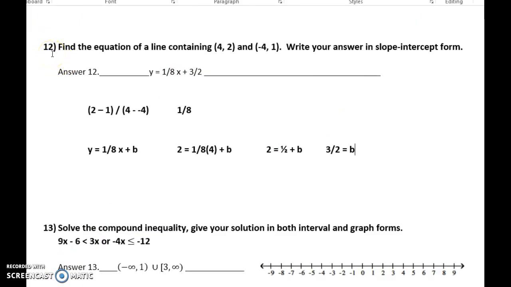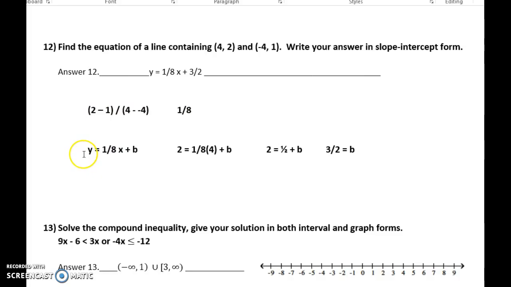For number 12, we're looking for the equation of a line that goes through these 2 points. So let's start by finding the slope of the line. So subtract the y's on top, y minus y, and subtract the x's on bottom, first x minus the second x. And so you'll get a 1 on top and an 8 on bottom. So the slope is 1/8.